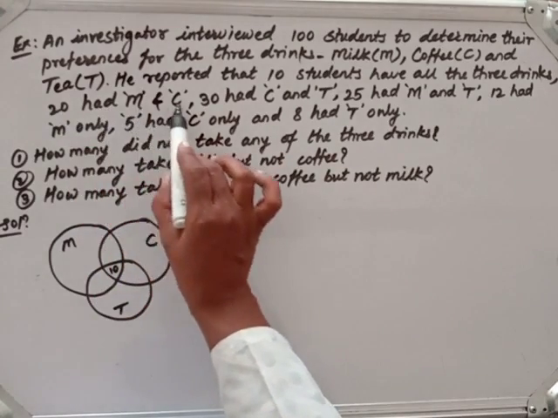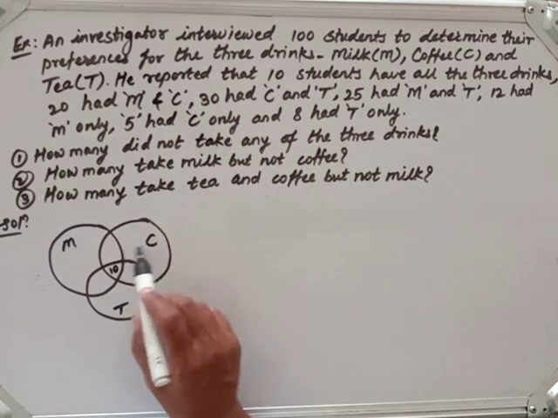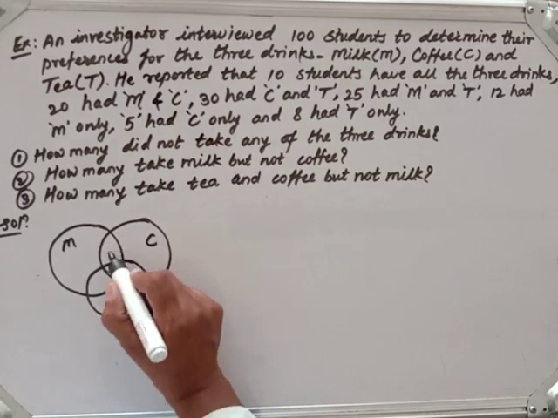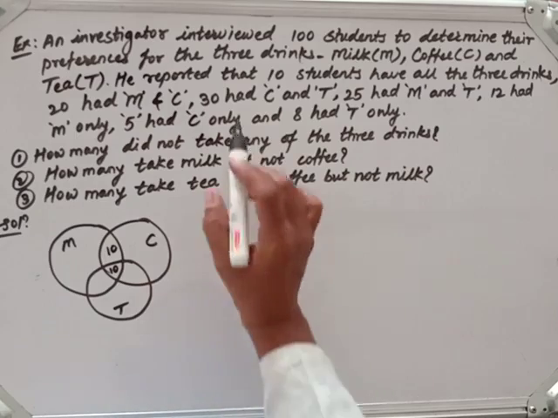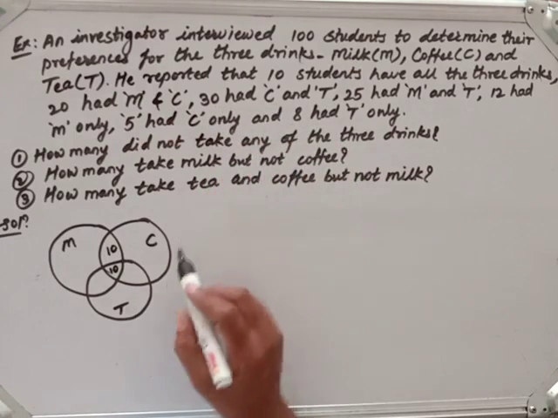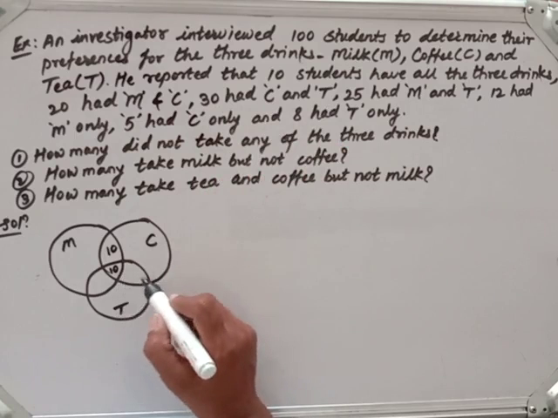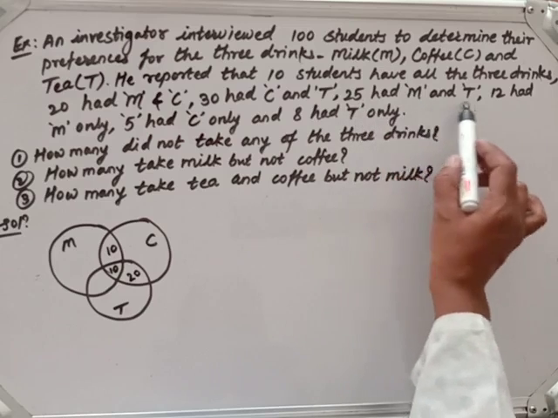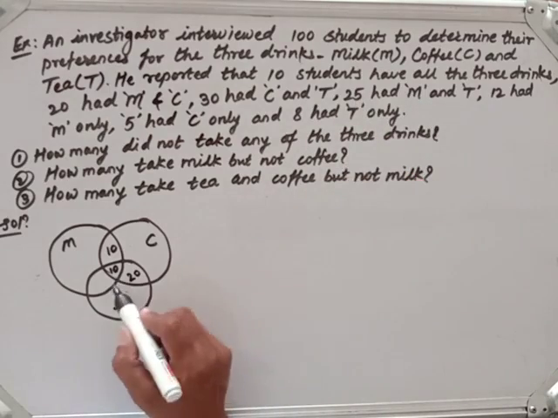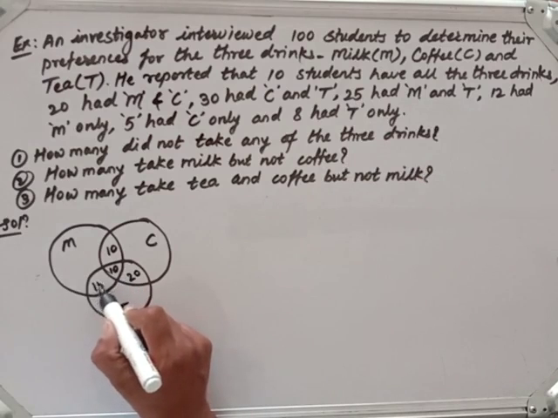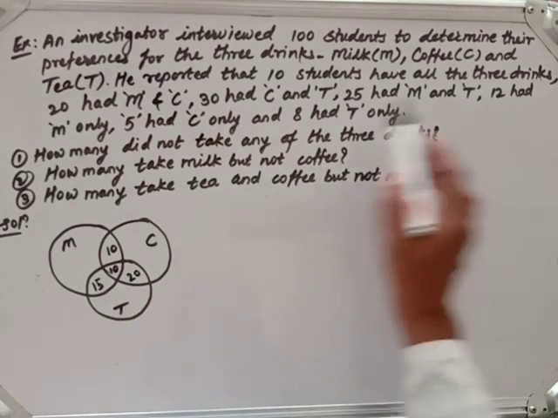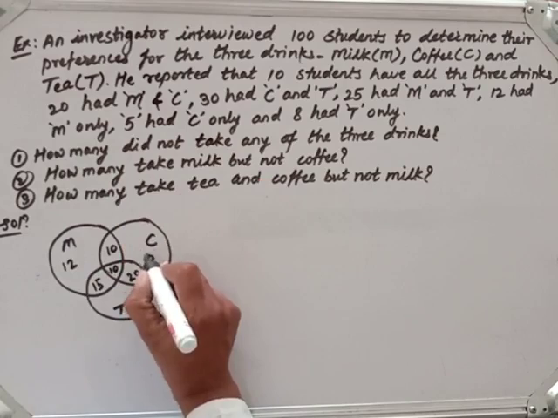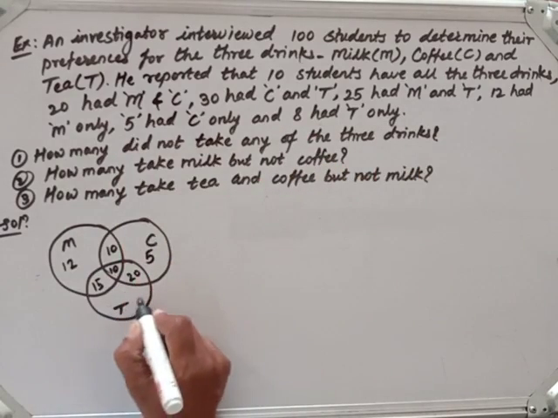Now 20 had milk and coffee, and 10 is already there, so 10 are left. 30 had coffee and tea, so 20 are left. 25 had milk and tea, 10 are already there, so 15 are left. Now 12 had milk only, so here 12. 5 had coffee only, so here 5, and 8 had tea only, so here 8.